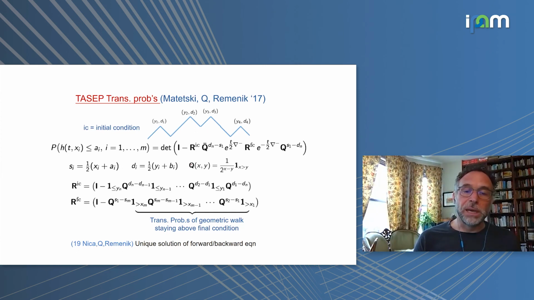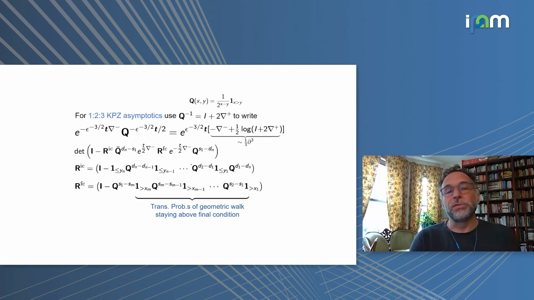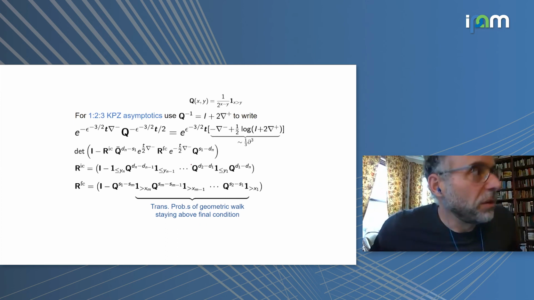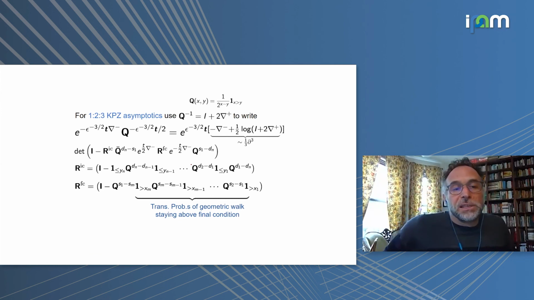So when you take the limit in the 1, 2, 3 asymptotics and you use the formula for Q inverse, the thing which is giving you a non-trivial limit is this e to the epsilon to the minus 3/2 t grad minus times q to the epsilon to the minus 3/2 t.